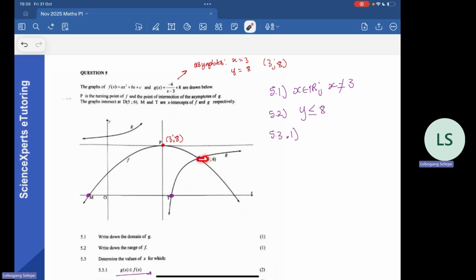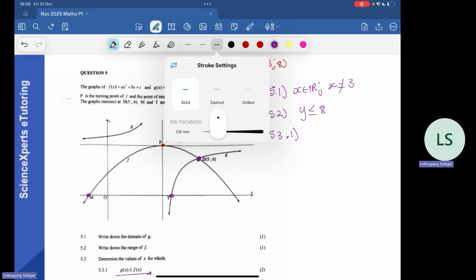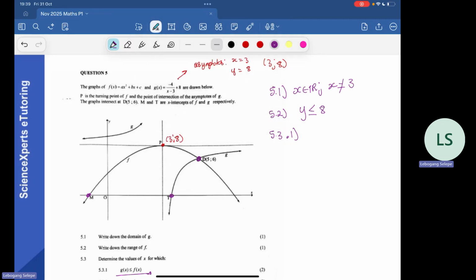If I move to the right of this point, let me use different colors to show the different graphs now. Let's reduce the size a little bit. Let's use red to indicate this hyperbola. This is the red graph, right?